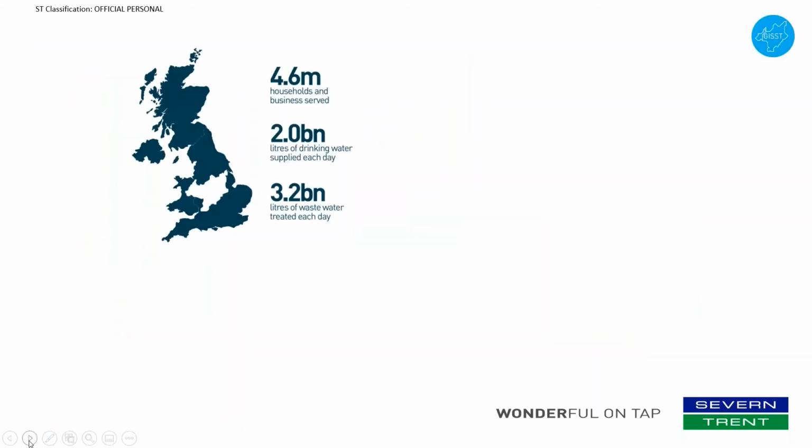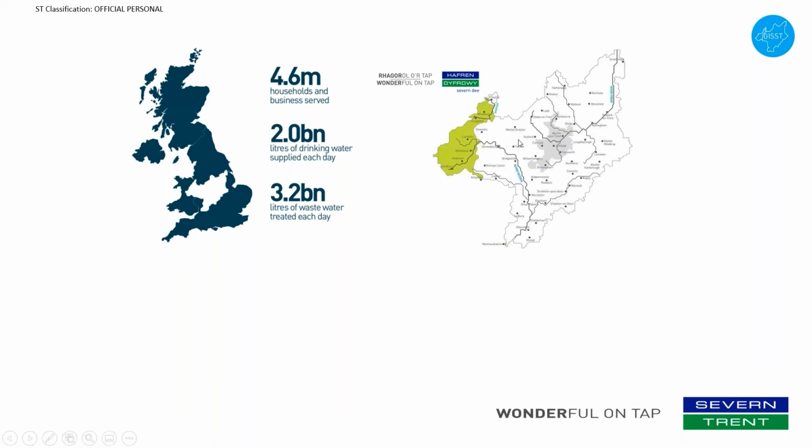So the usual background of Severn Trent Water as a company: 4.6 million households and businesses across our patch, 2 billion litres of drinking water delivered each day, 3.2 billion of wastewater. The reason for the wastewater being bigger is that in the centre of our patch we do have the company called South Staffs Water, who provide water-only services, and we do the waste.